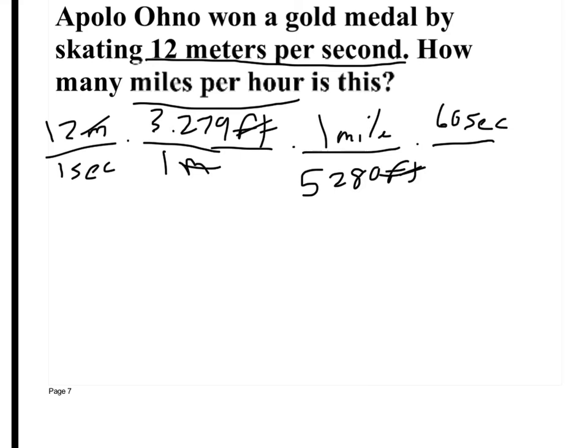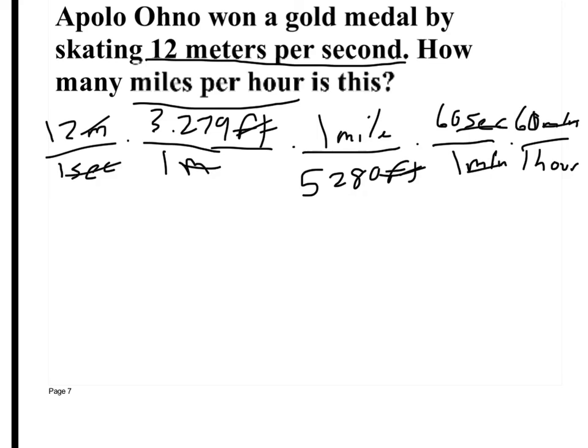There are 60 seconds in a minute, and 60 minutes in 1 hour. I check my units. I've gotten rid of seconds. I've gotten rid of minutes. I'm at miles per hour. Is that what I need? Yes.